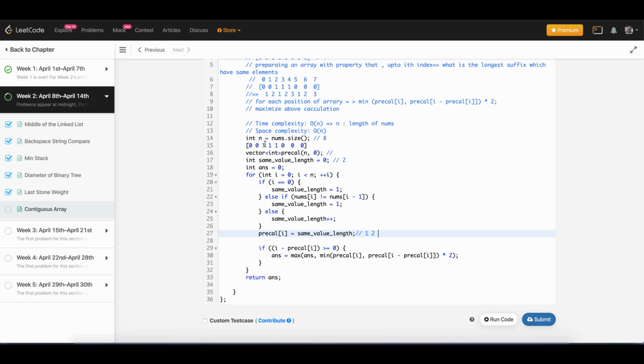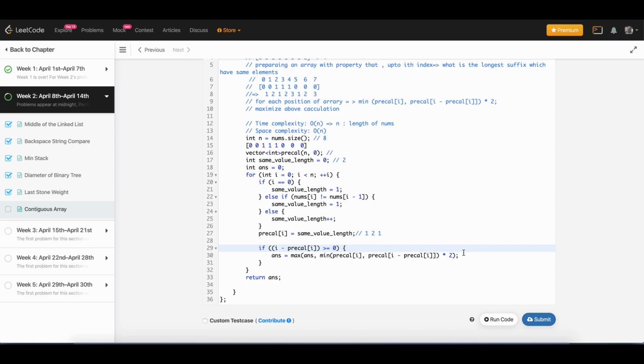Now it will move to the third position. In the third position there is 1, so it doesn't meet this condition, it met this condition, I minus nums of I, so now same length value is 1, and precal of I is 1 now, and the position is 2, 2 minus 1, which is 1, so 1 is greater than or equals to 0, so now it tries to maximize the answer.